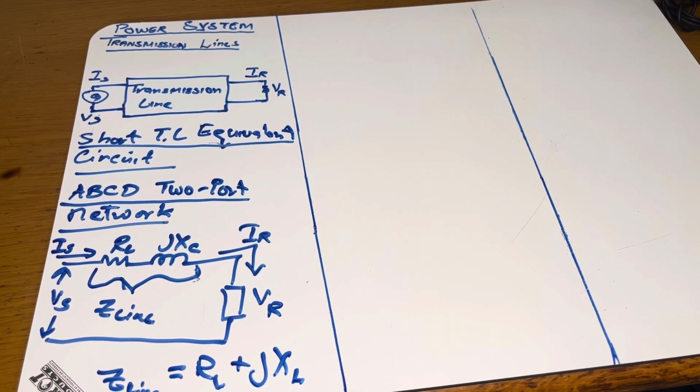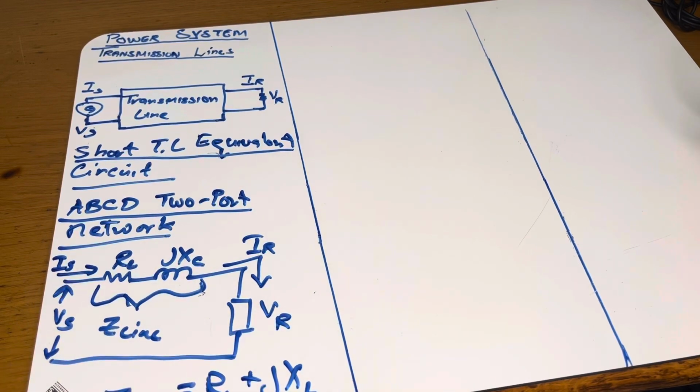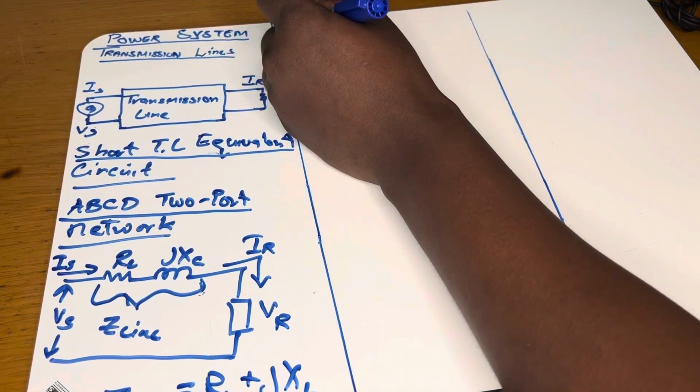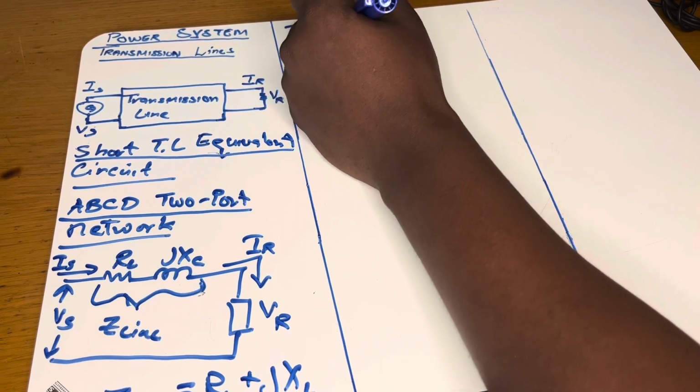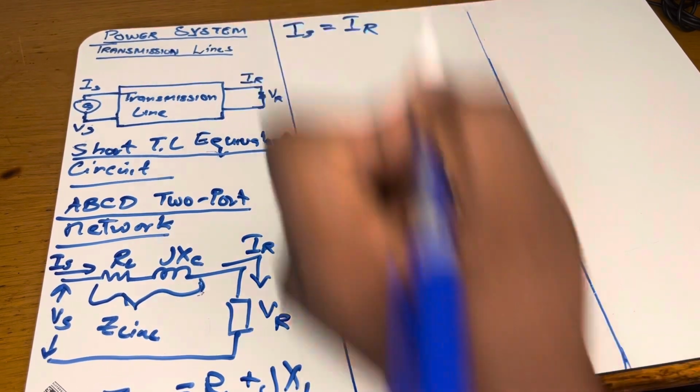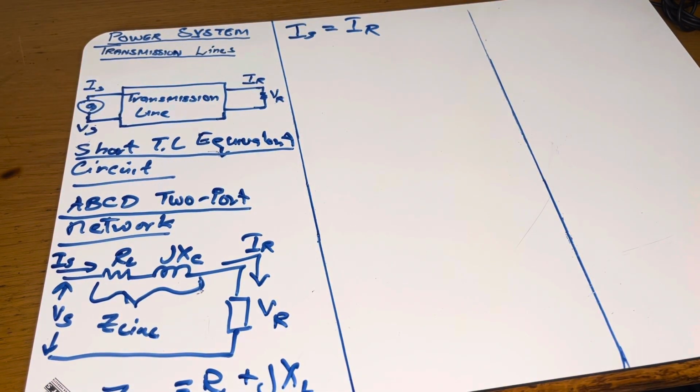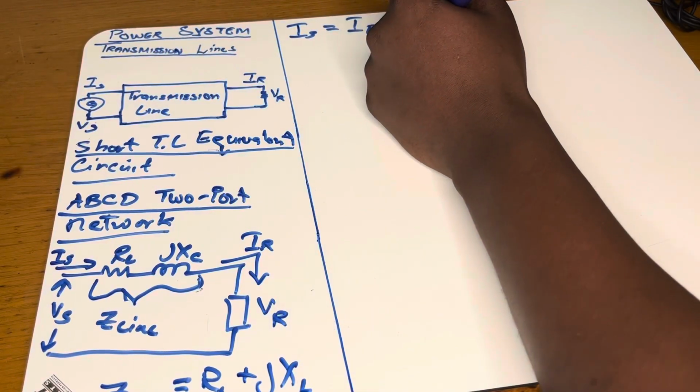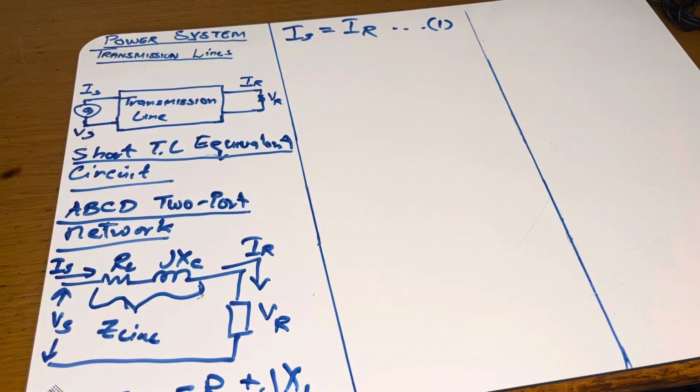So in the calculation, we are neglecting the capacitor. So now we take this equivalent circuit as a series circuit. In a series circuit, IS is equal to IR. Okay, that's the first equation.